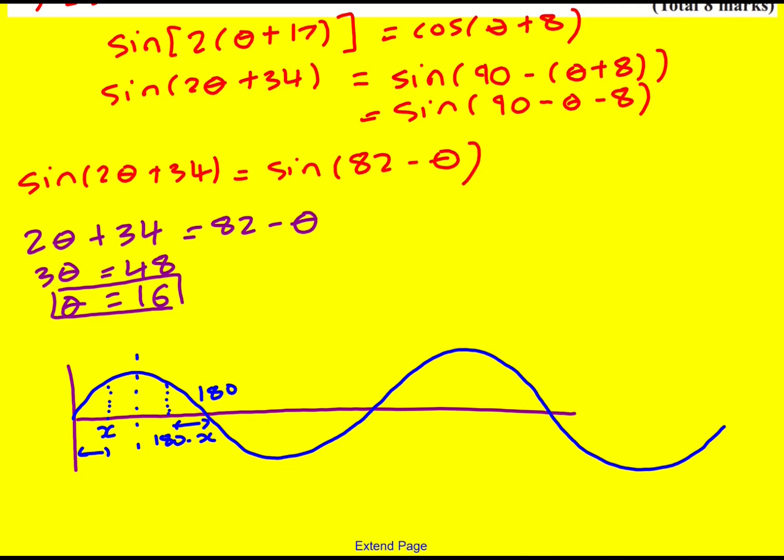But remember, we can't just do 180 minus 16 because we got that 16 by solving an equation. So I'm going to say that another solution would potentially be that 2 theta plus 34 is equal to 180 minus that 82 minus theta. See, one of them is taking the value of x, and the other one is taking the value of 180 minus x.